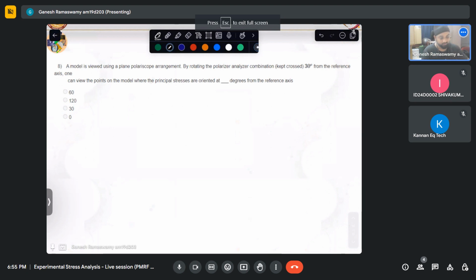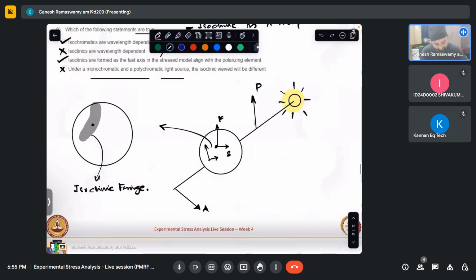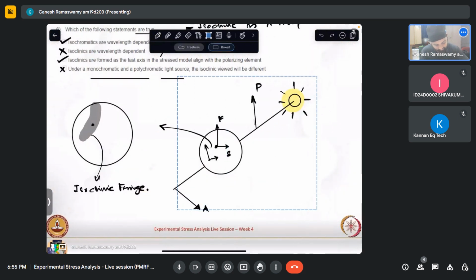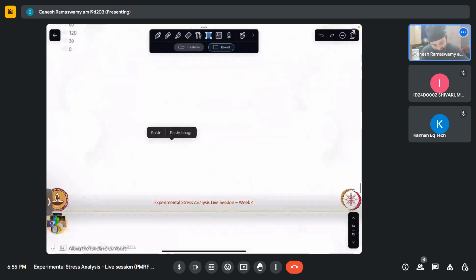A model is viewed using a plane polariscope arrangement. So this is my plane polariscope.